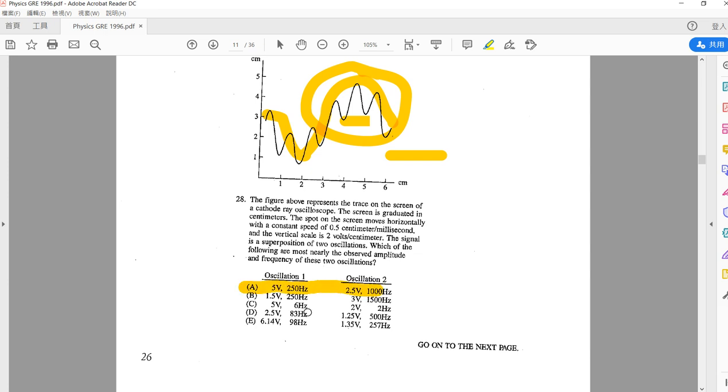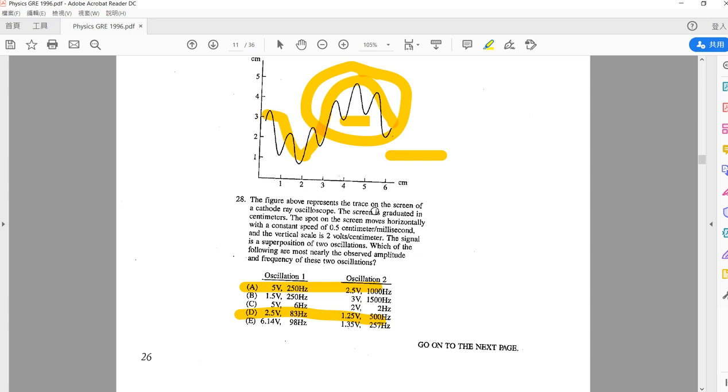So only A and D are possible, because in B the lower frequency has low voltage, which is not what we want. What we want is the low frequency corresponding to the high voltage. Now the difficult part is, what is A and D?